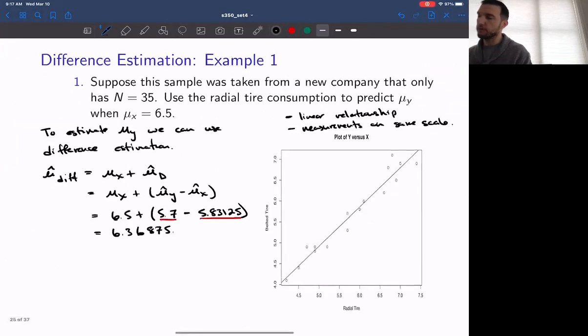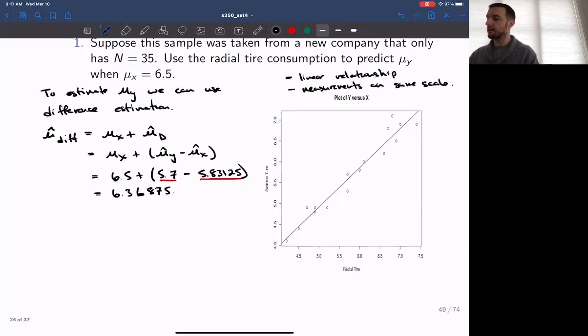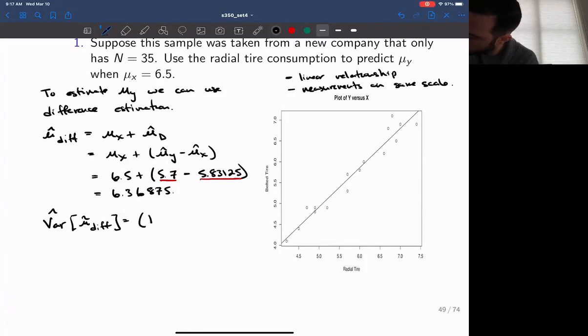Okay, so now what we have to do is find the variance of mu tilde diff. So the way that this is going to work, we're going to have the estimate of the variance of mu tilde diff is equal to 1 minus little n over capital N multiplied by 1 over n, which is multiplied by, well, I suppose we can write it like this, sigma hat d over little n.